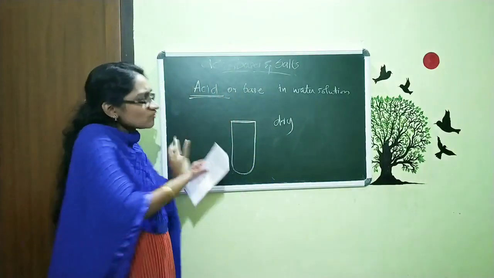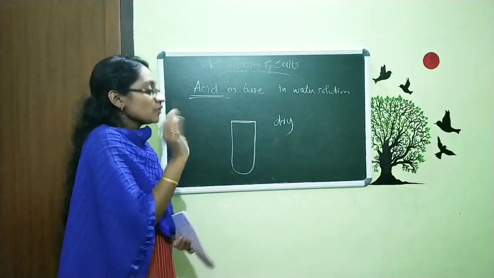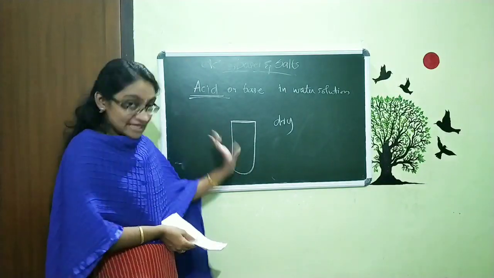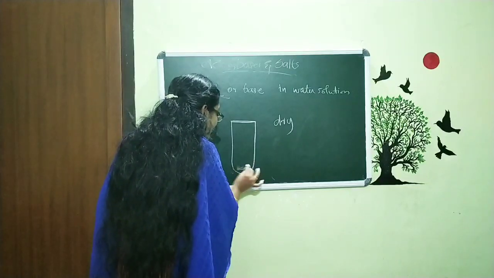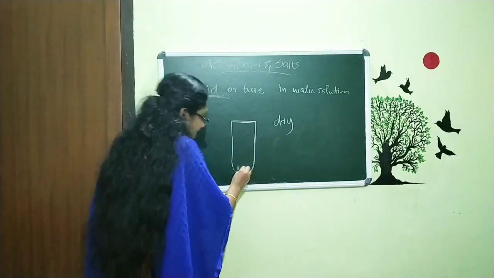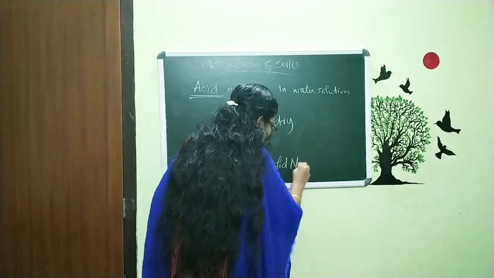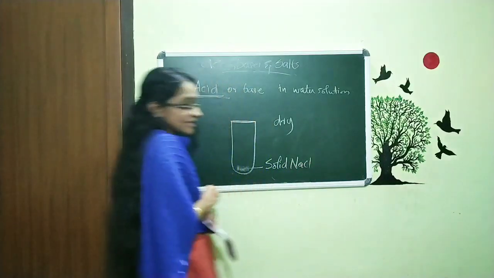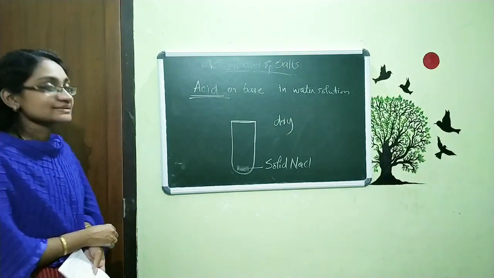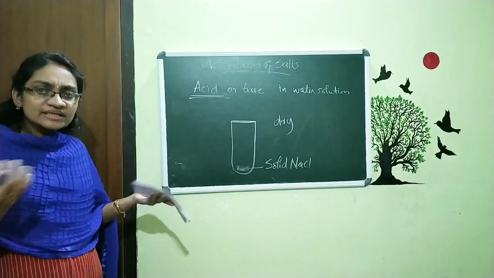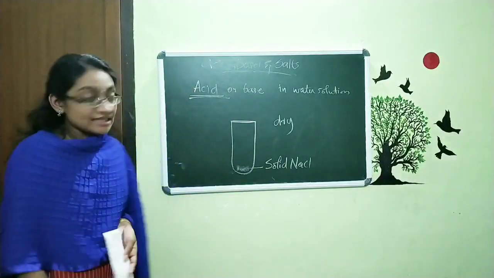That means there is no water content or moisture in our test tube. We are making the test tube dry. After that, we are taking some solid NaCl, sodium chloride, in this. That means we are not selecting the liquid or aqueous form. We are selecting the solid NaCl.